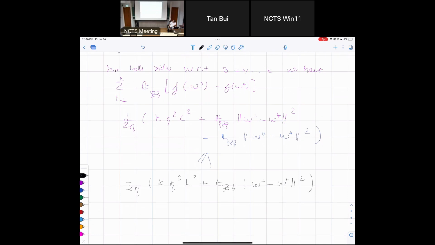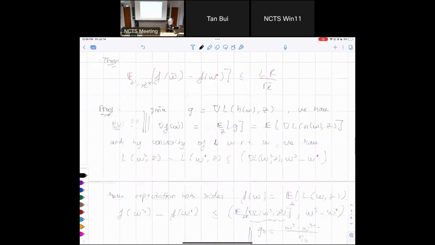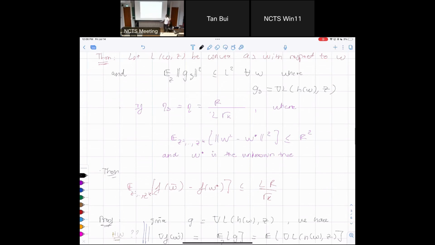That's very nice, because we know that this is less than or equal to R squared. We know that because that's the assumption of our theorem here.